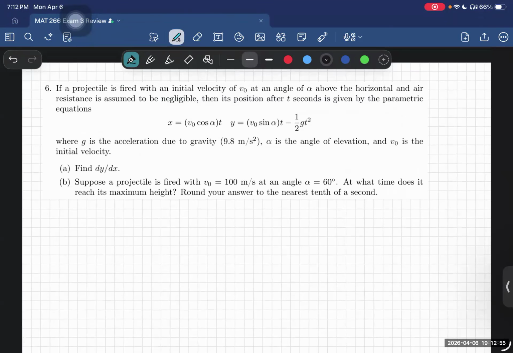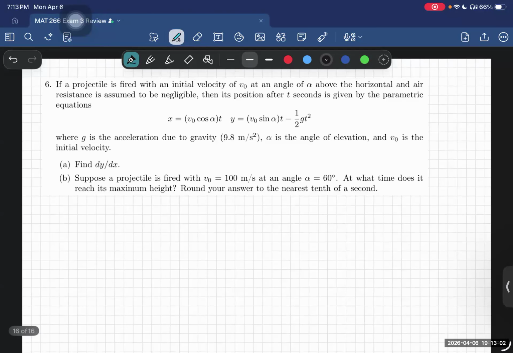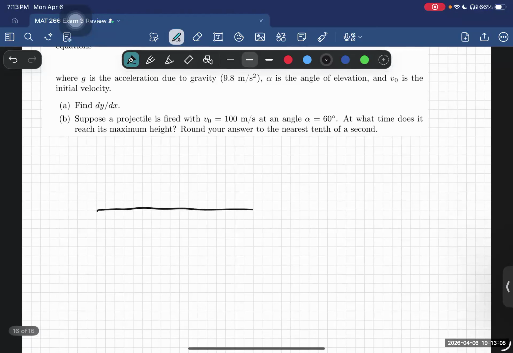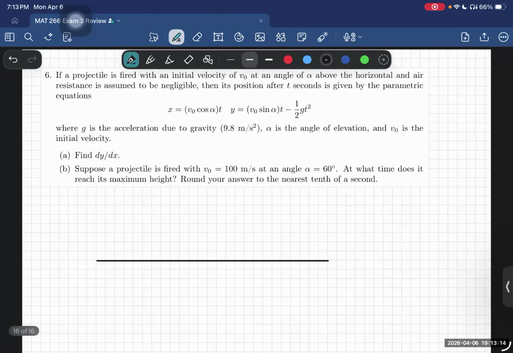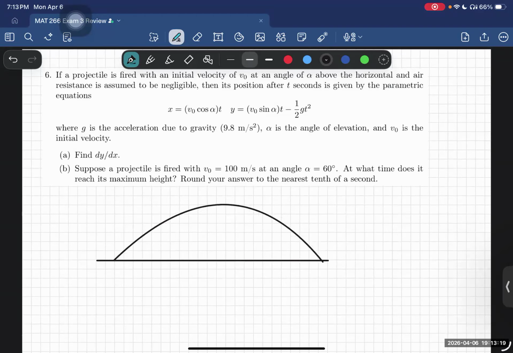Okay, so looks like this is the last question for our review today. Let's see what is given. If a projectile is fired with an initial velocity... If any of y'all have taken physics this semester or previous semesters, this may be kind of familiar. This is projectile motion.